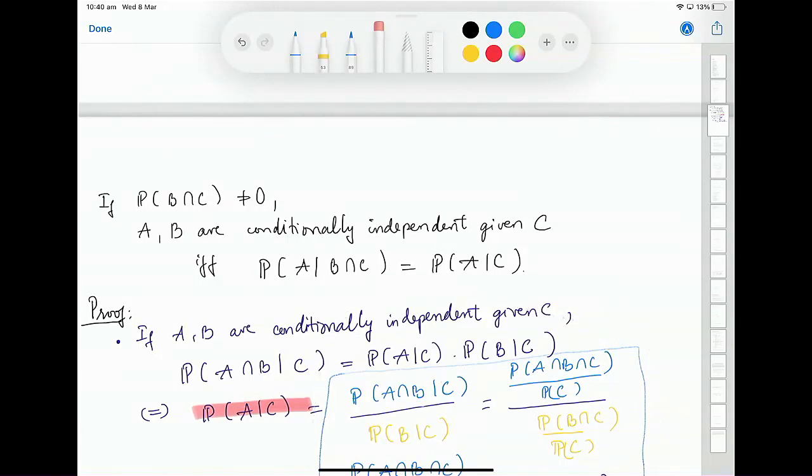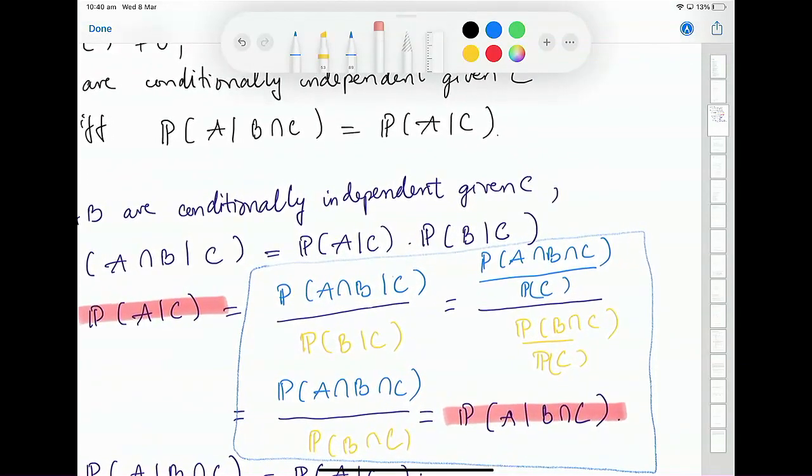And now for the top, the blue term, I use the definition of conditional probability.